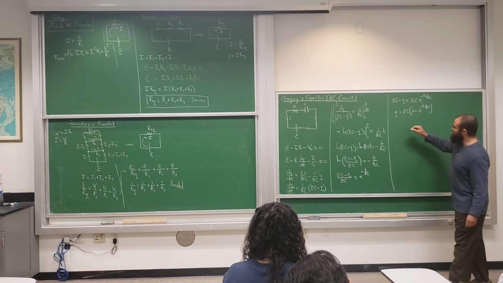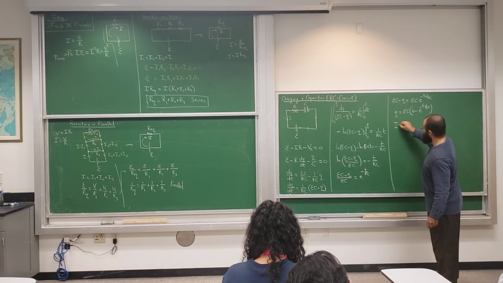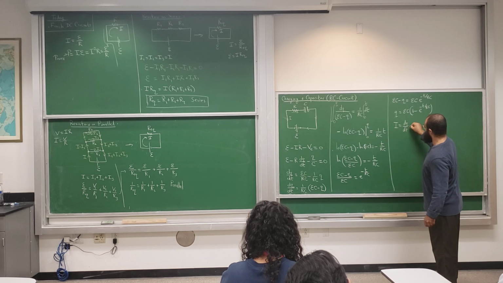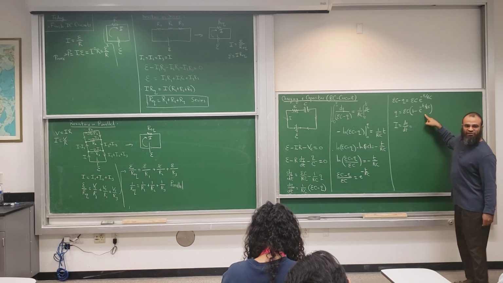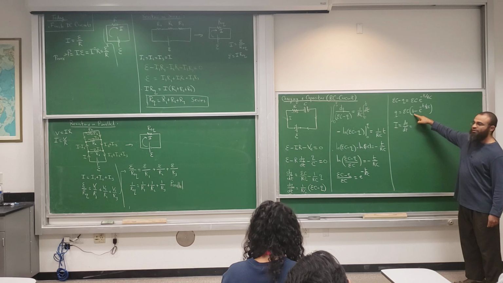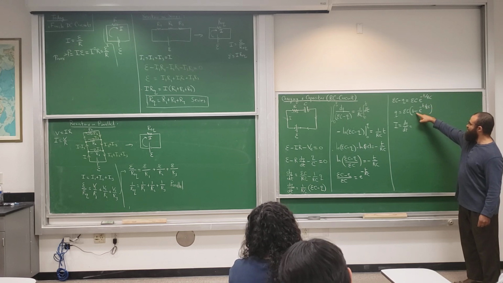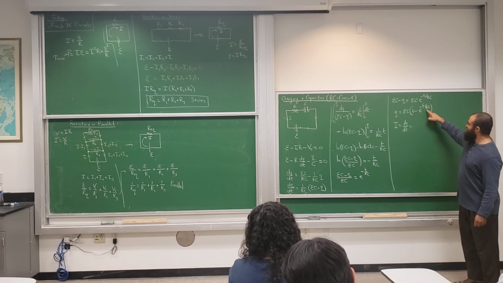Then I'll also write I. I is dq dt. Take the derivative of this. Derivative of 1 is 0. Derivative of e to the minus t over RC would be minus 1 over RC times this, but I have a minus sign, so it becomes plus.